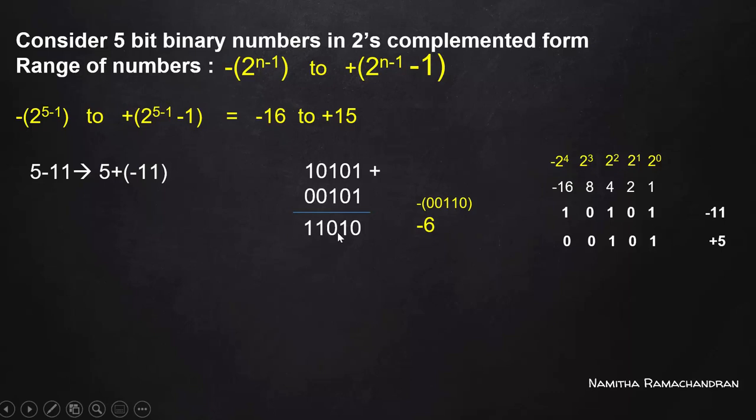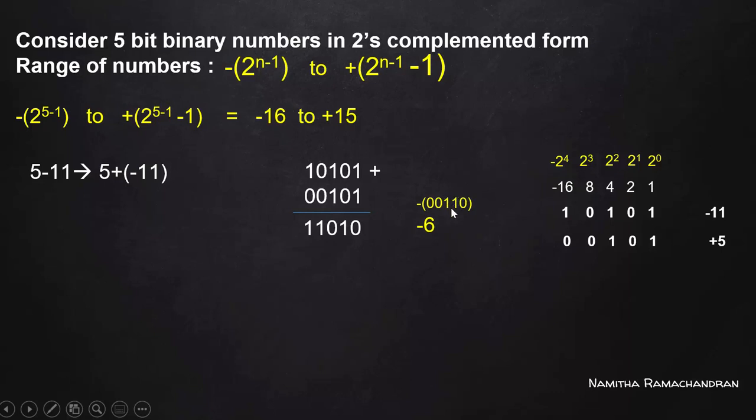For the 2's complement of this, scan from right to left and stop at the first 1, write as it is the 1 0, and complement the remaining 3 bits. The 0 becomes 1 and these two 1s become 0. Now consider the positional weightages of these values: 1, here 2, here 4.